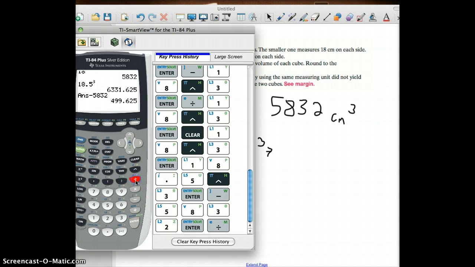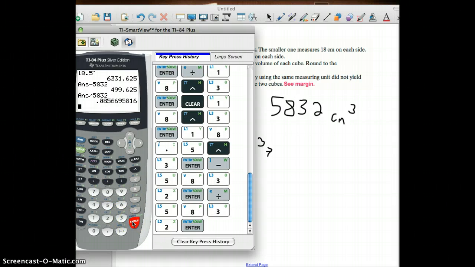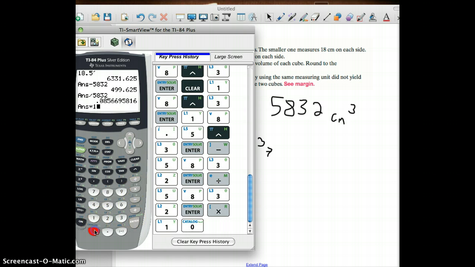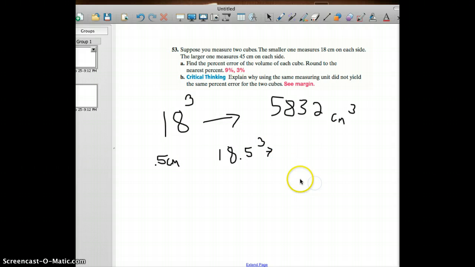And then if we divide that by the original, which again was the 5832, we get the decimal of 0.08567 about, which when we multiply it by 100 to get the percent is almost 9%.